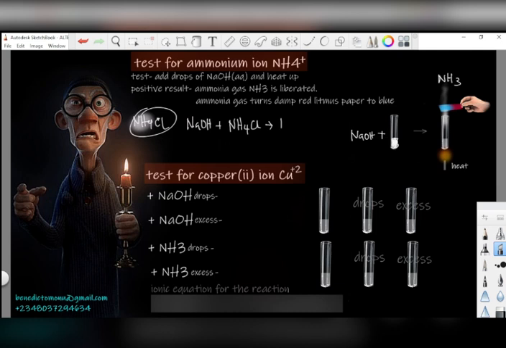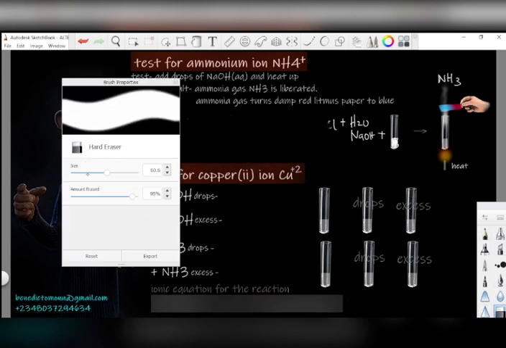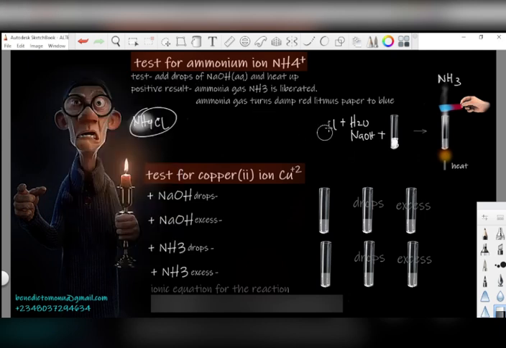So this will give you ammonia plus sodium chloride plus water. This is the equation for the reaction. It's actually one very important equation. Should you be asked to write the equation, that's exactly what you would write.